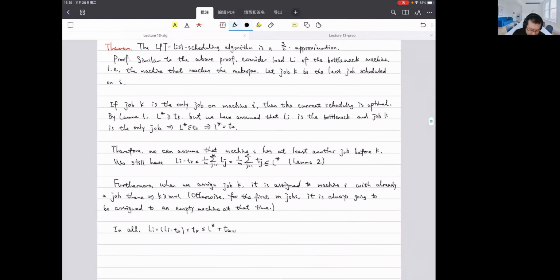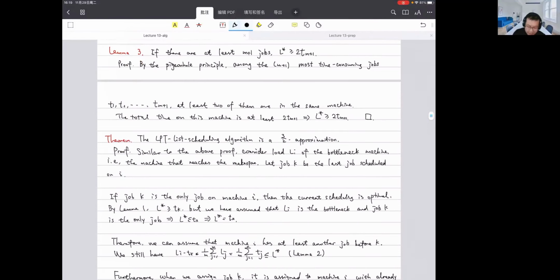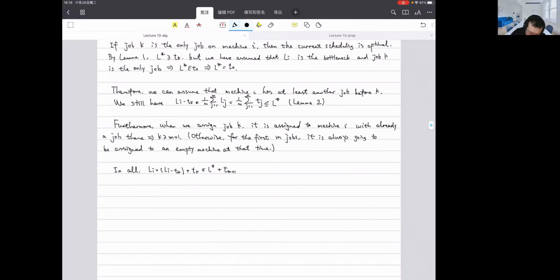But according to lemma 3, L star is at least 2 times Tm plus 1. So this is smaller than L star plus half times L star, which equals 3 over 2 L star. This specific point is due to lemma 3. And this finishes our proof that LPT, this scheduling algorithm, gives a 3/2 approximation.